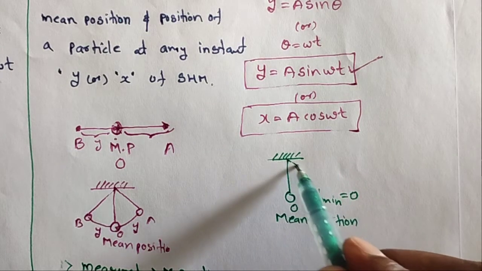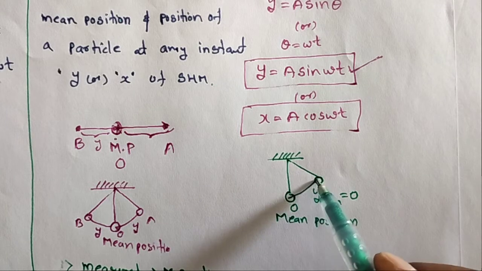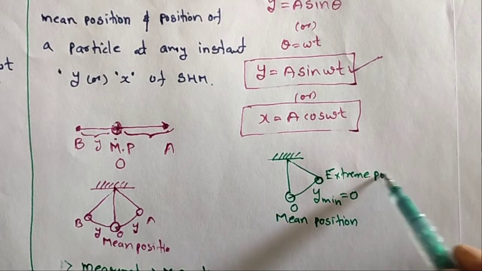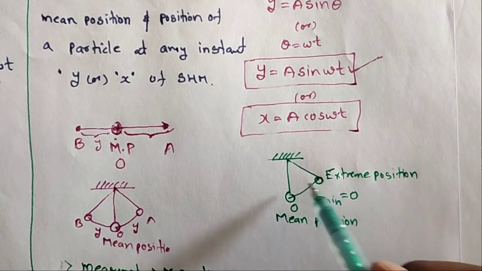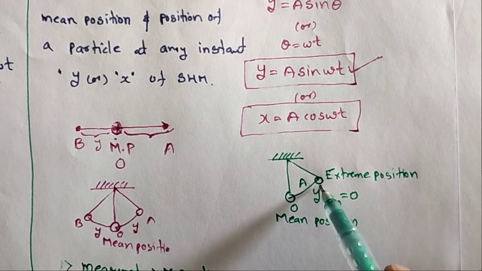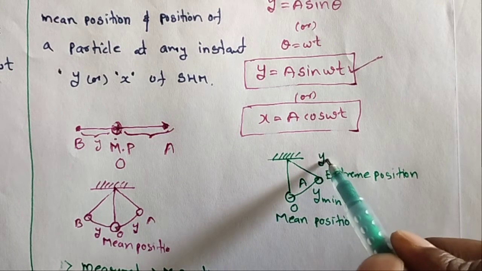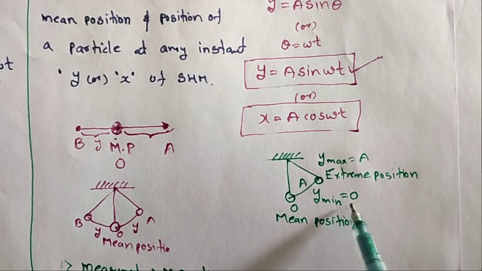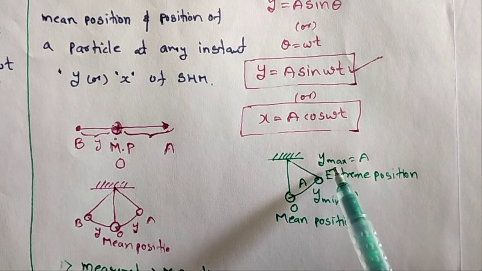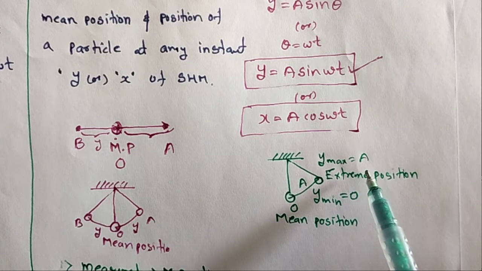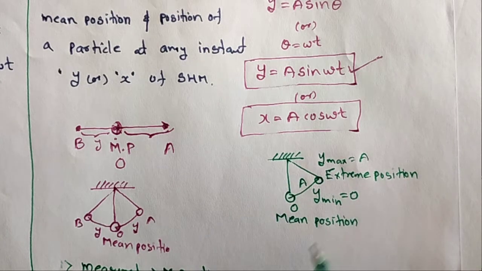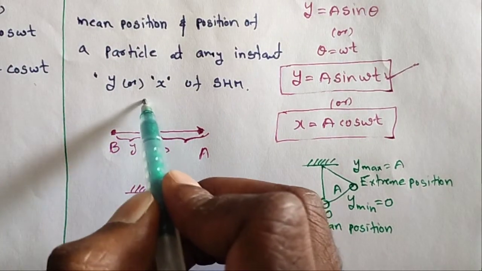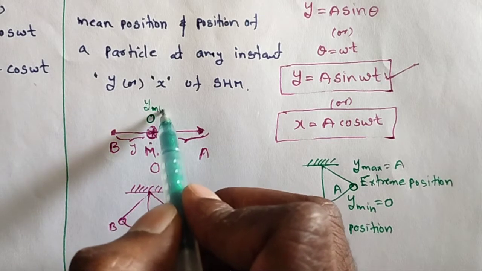Suppose here this is the extreme position. Extreme means maximum position. And what is the maximum radius of the circle? A. So in the extreme position, what is the displacement? y maximum is equal to capital A. So at the mean position y minimum is 0, at the extreme position displacement is maximum, y maximum is equal to A. At this O position, what is the displacement? 0, y minimum is equal to 0.